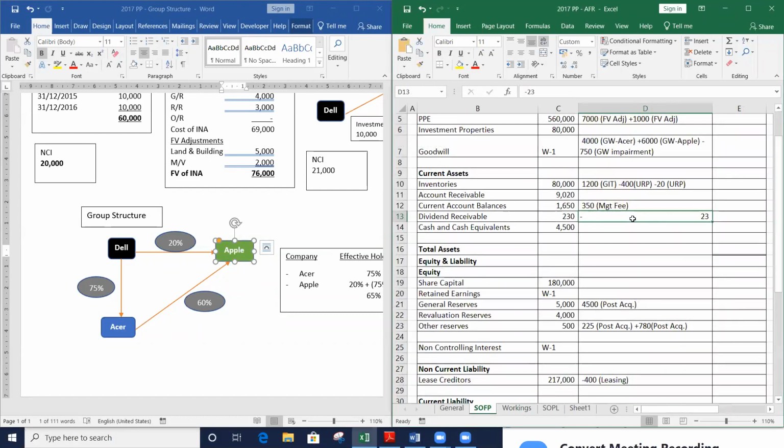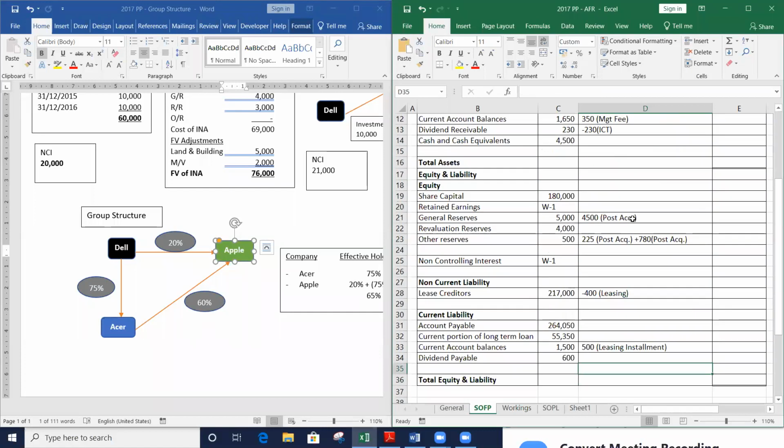We need to deduct this 230 from dividend receivable, because this is the intercompany transaction or intercompany balance. And the same we need to eliminate from the dividend payable amount as well. So we need to deduct 230. It means we are eliminating the intercompany balances.